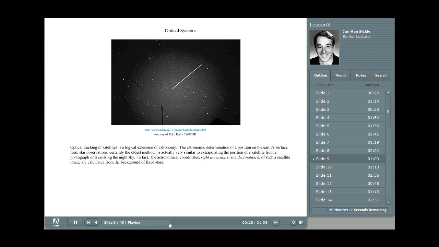And so if one knows the time and knows the stars in the background, it is quite possible to learn the ephemeris, or the position of the satellite, based upon that control. And this is an extension of astronomy that has been used, and to some extent continues to be used, in terms of positioning the satellites.